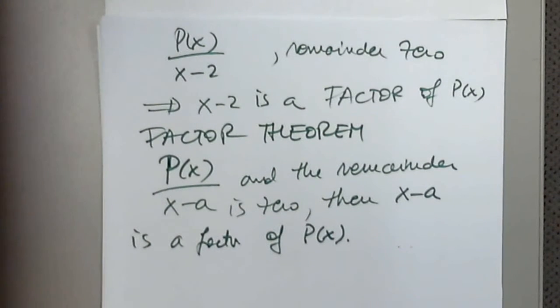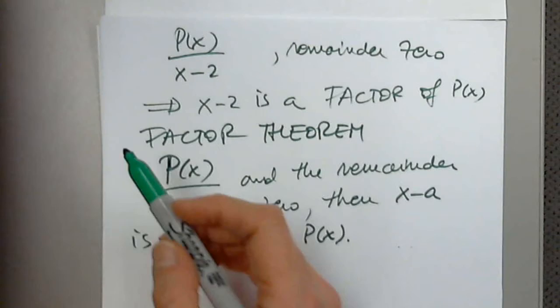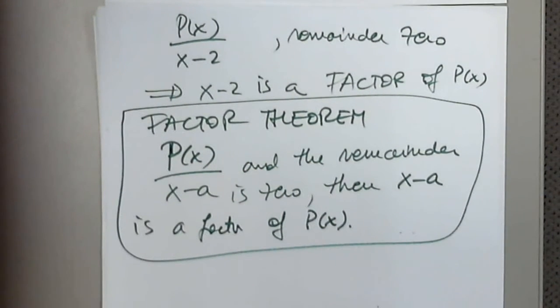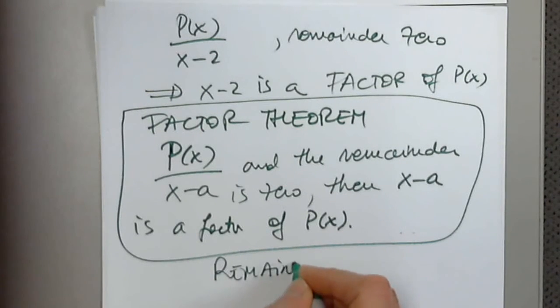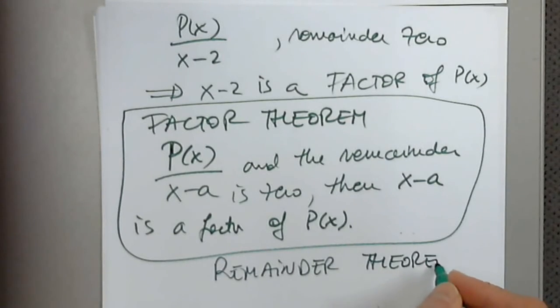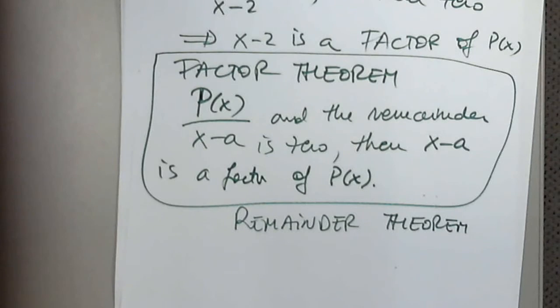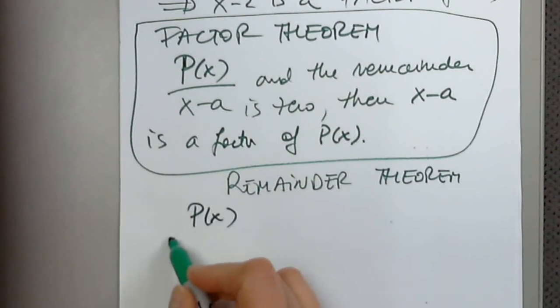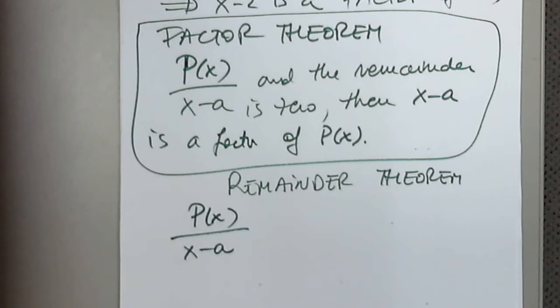More theorem here, and then we'll look at a problem. So this is the factor theorem. The next one is called the remainder theorem. Again, only in the situation in which I have p of x divided by x minus a.